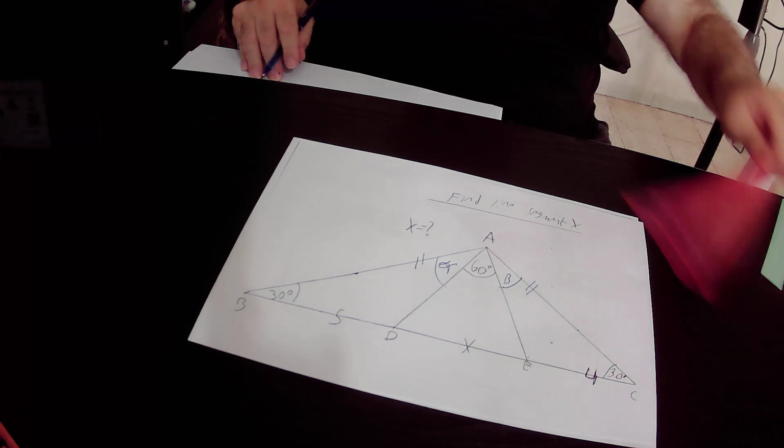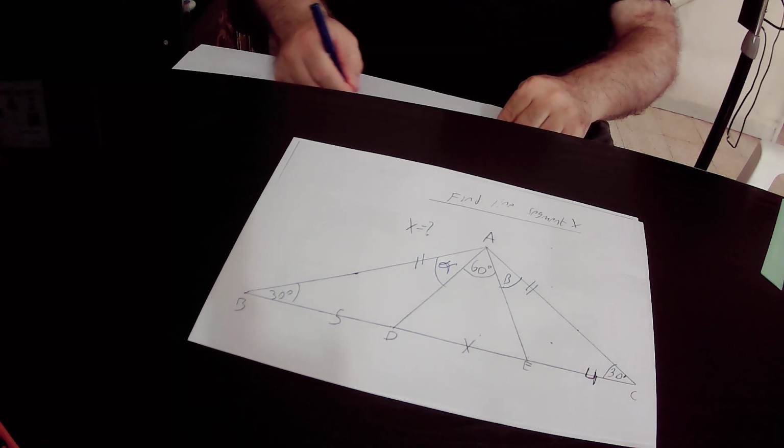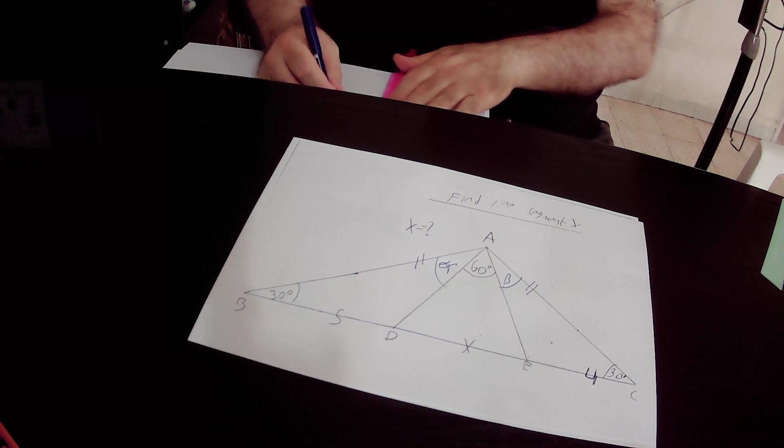So which angles do we have in triangle ABC?